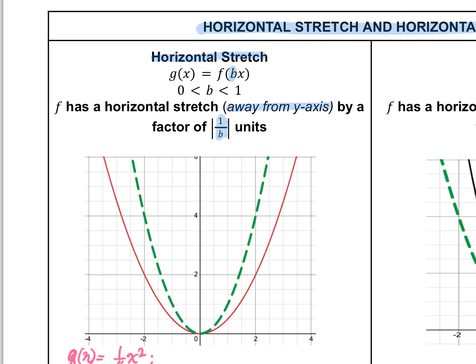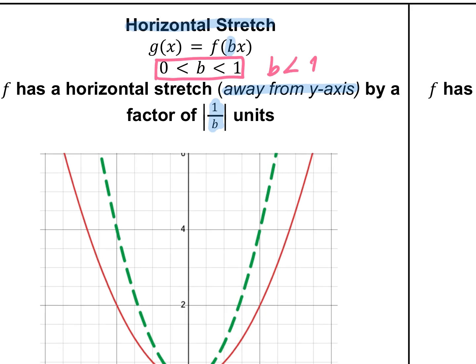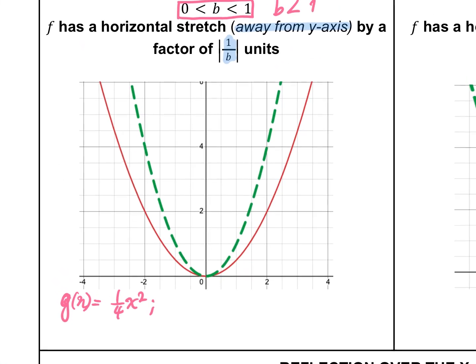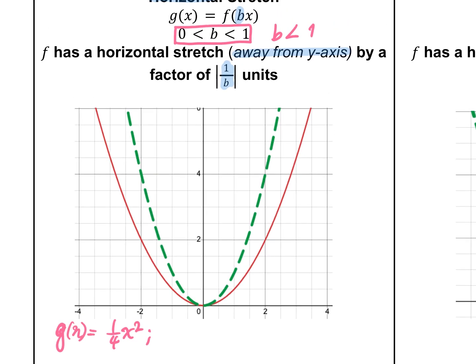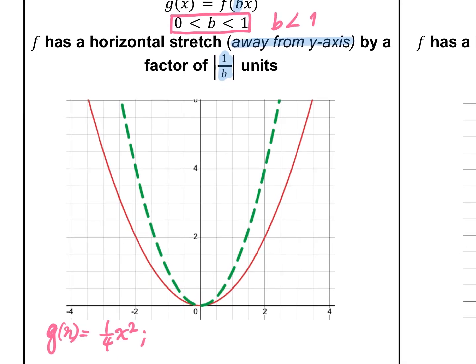It says that there's going to be a horizontal stretch when the value of b is between 0 and 1, or simply said, b should be less than 1 but not less than 0. So here we can say that the function g of x has a horizontal stretch by a factor of 1 over b.